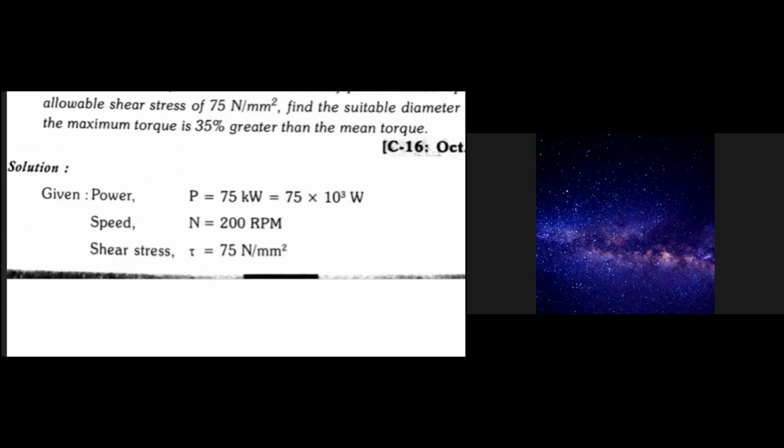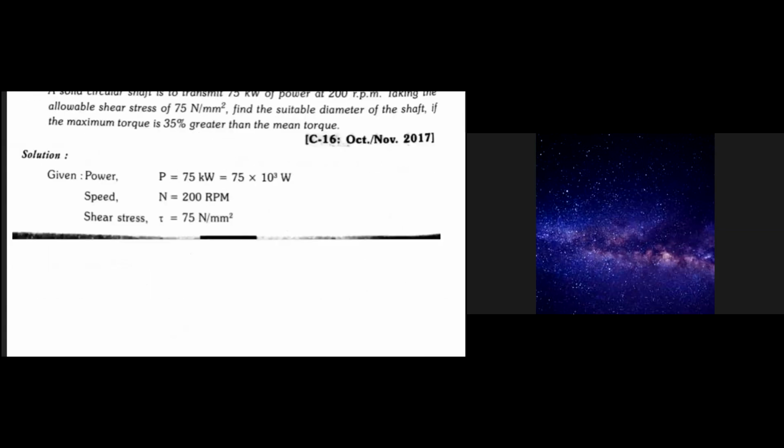So it means maximum torque is equal to 1.35 times the mean torque. And first you have to find the mean torque. From power and speed, power is equal to 2 pi N T mean by 60. So from that formula, substitute power value and speed, calculate T mean.